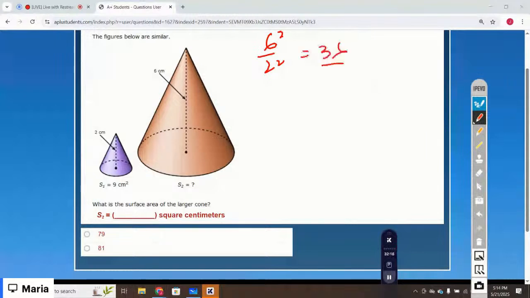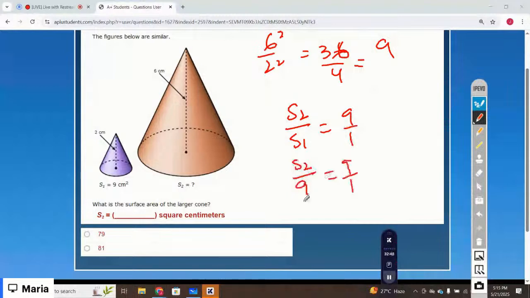That is 36 divided by 4, that is 9. S2 over S1 equals 9 over 1.